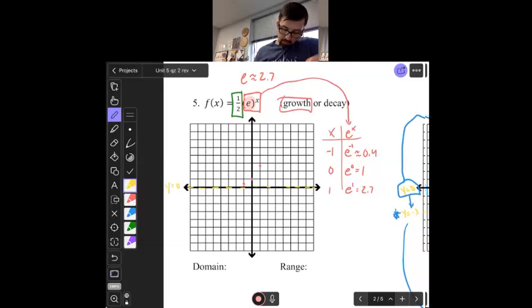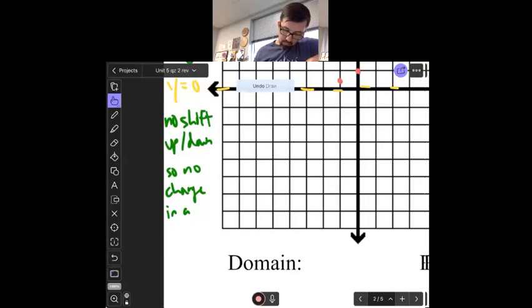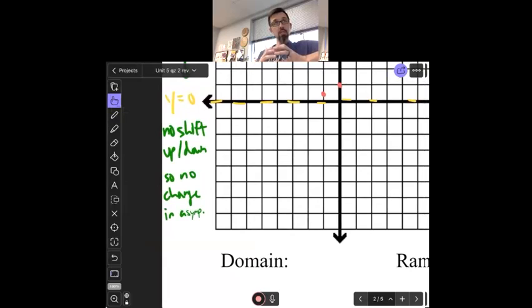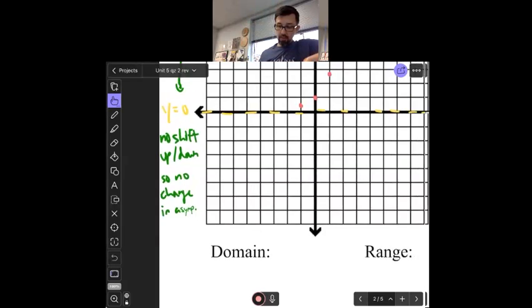So if you need to write that, then write that. Okay, so there's no shift up or down, so there's no change in the asymptote. So it's staying put at 0. That's where it's supposed to be. Only thing we can do to it is shift it up or down. Okay, this one's not shifting up or down, so it's not changing.